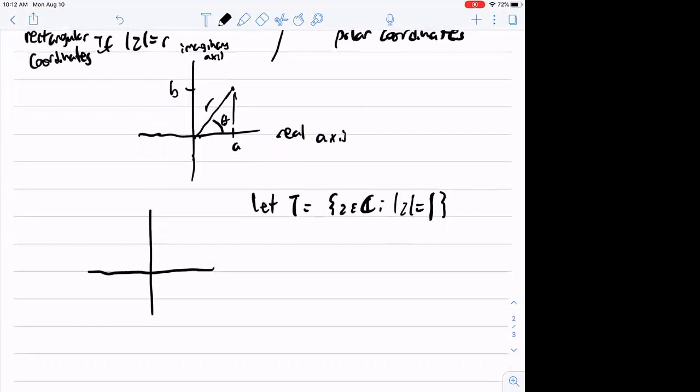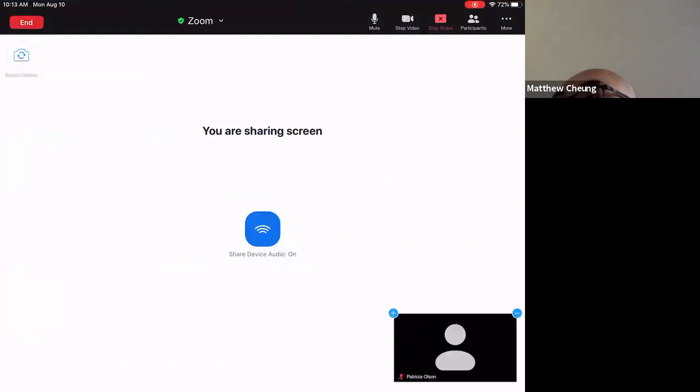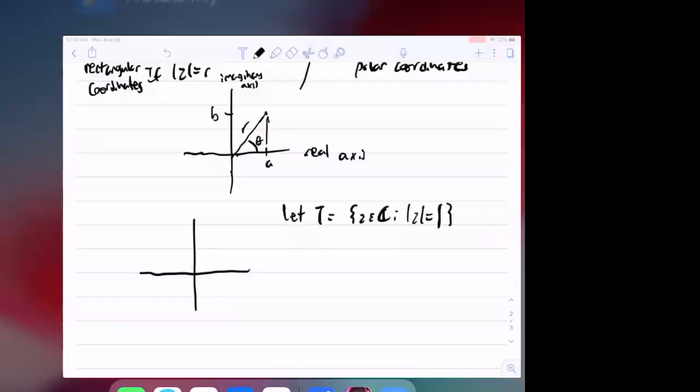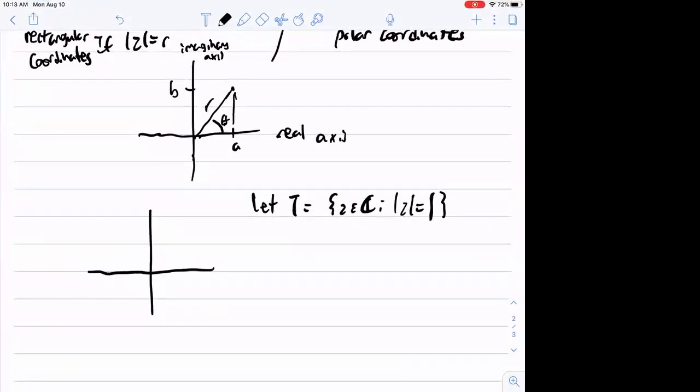So what is this set picture-wise? What is the set of elements of absolute value 1? This is the square root of a squared plus b squared equals 1. How do you graph this?